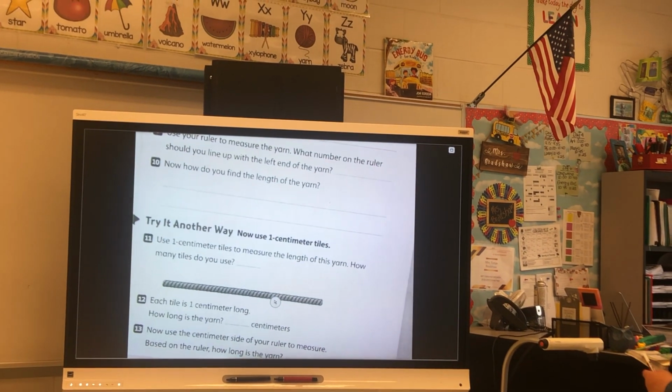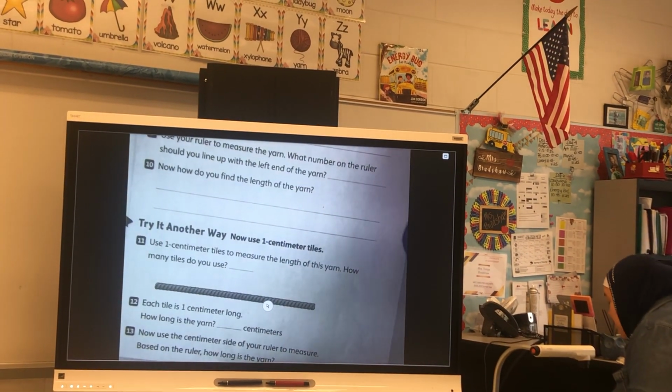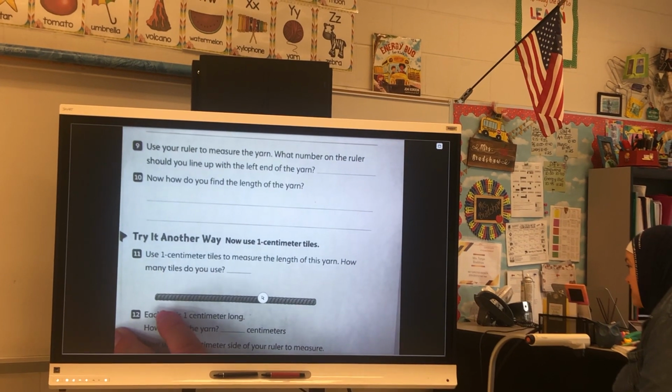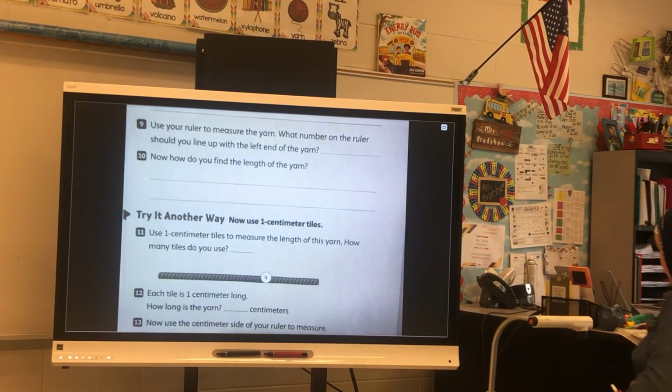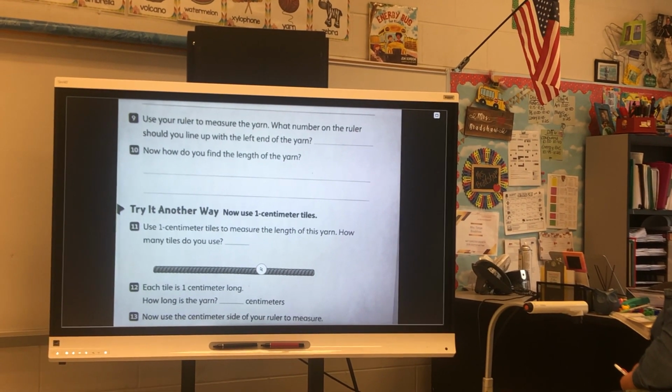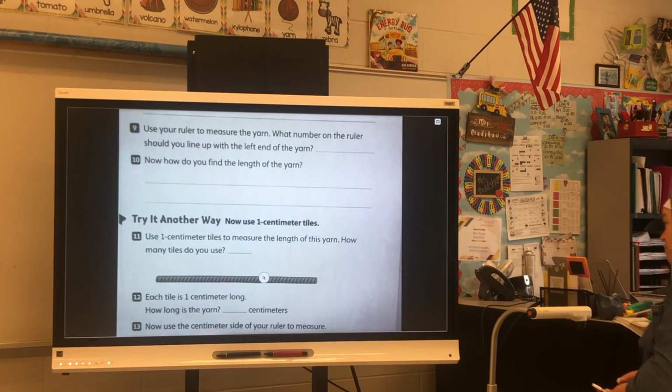Okay? So it says we're going to use the little centimeter cubes here that are like the tiles, but they're just smaller. So we're going to use these tiles to measure the length of the yarn and see how many we use.